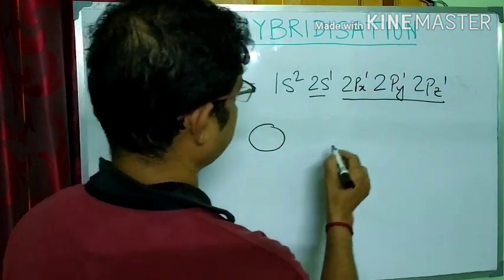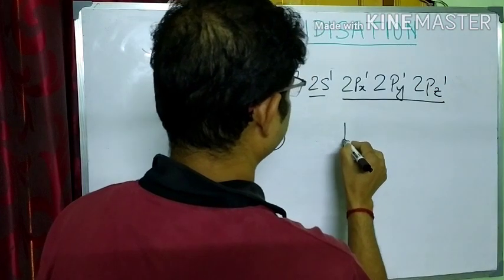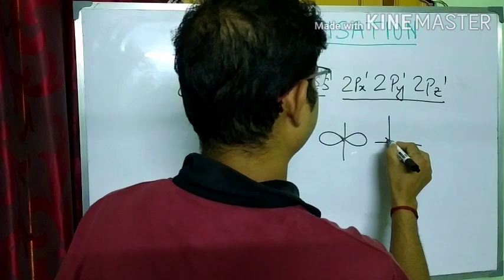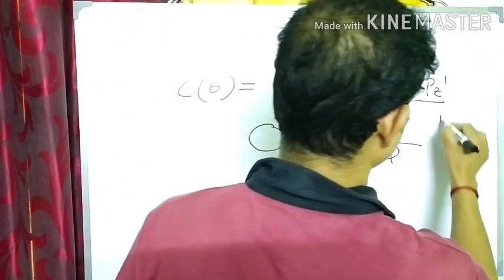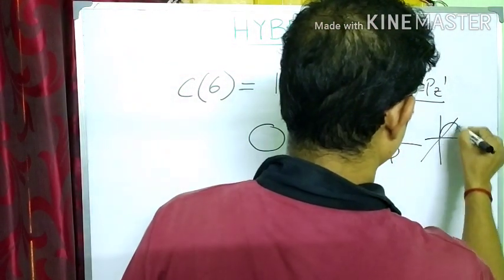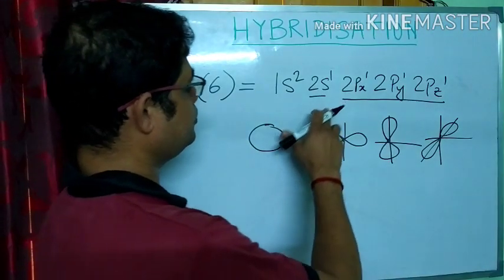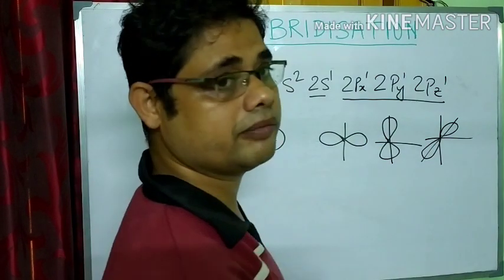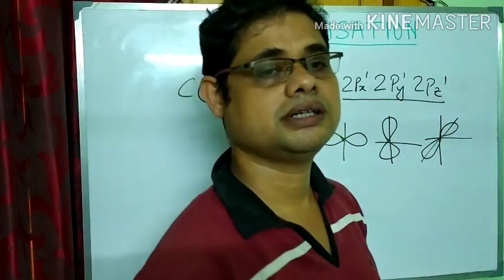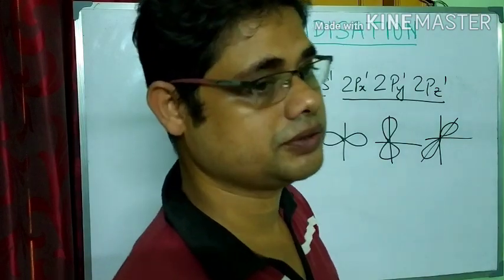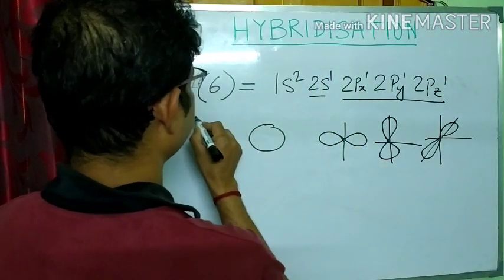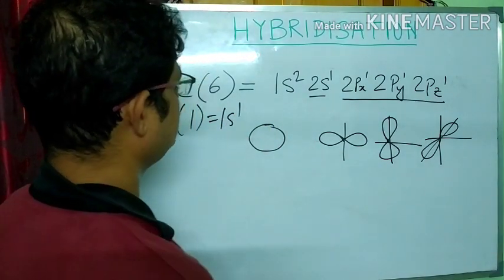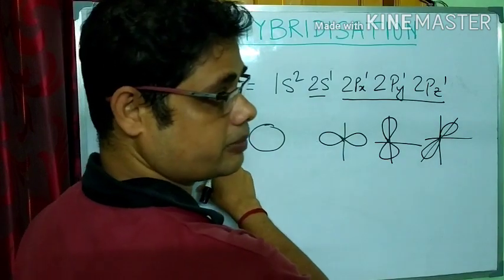1 s orbital and 3 p orbitals are available to make bonds with another atom like hydrogen, which has the electronic configuration 1s1. It has an s orbital.